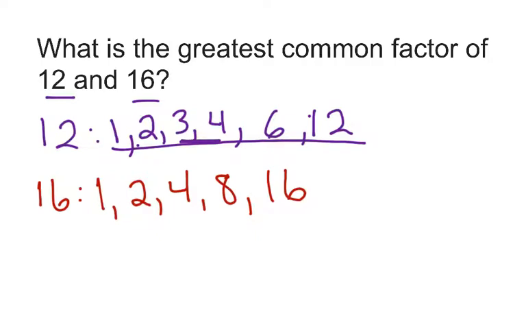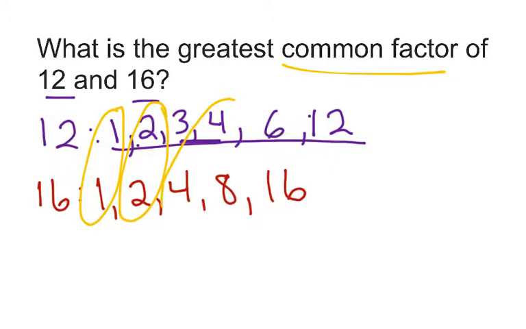So now we need to identify the common factors. Well, we have 2. We have 1, of course. We have 4. And then we can look, and those are the only common factors. Sometimes you will get a greatest common factor of 1, by the way, but very rarely, only if one of them's prime, usually.